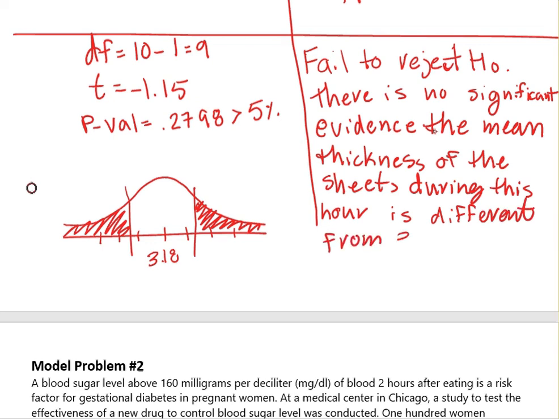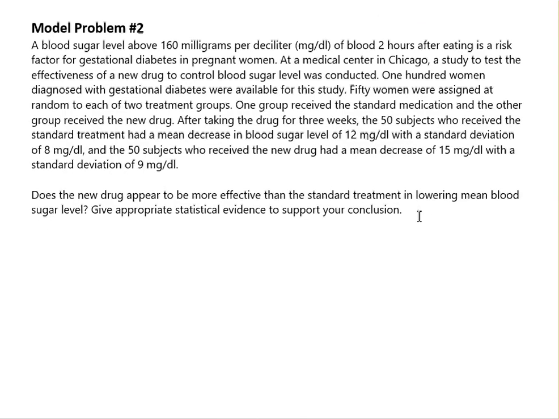Let's go ahead and look at the second one. The second one says a blood sugar level of about 160 milligrams per deciliter of blood 2 hours after eating is a risk factor for gestational diabetes in pregnant women.